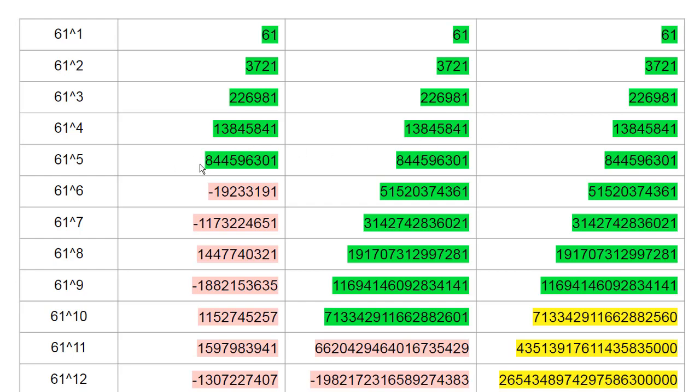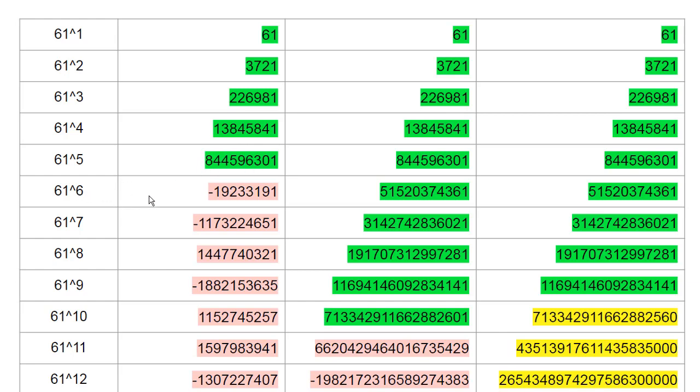As you can see, when we use int type, we start running into overflow at 61 to the power of 6. 61 is roughly 2 to the 6, since 64 is 2 to the 6. So 61 to the 5 is less than 2 to the 30, which can be represented using a 4-byte, 32-bit int.